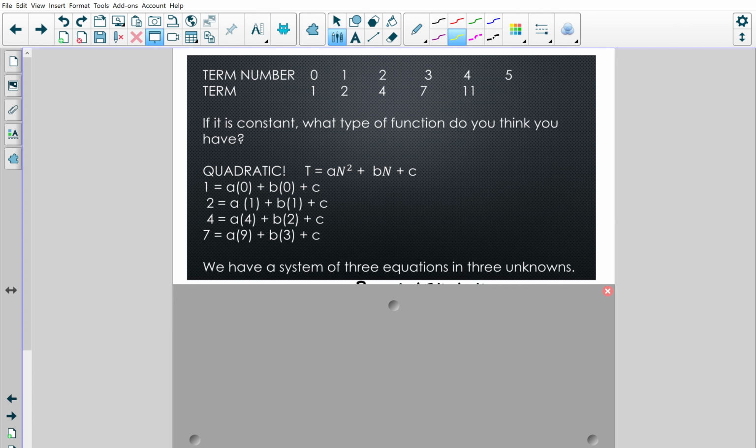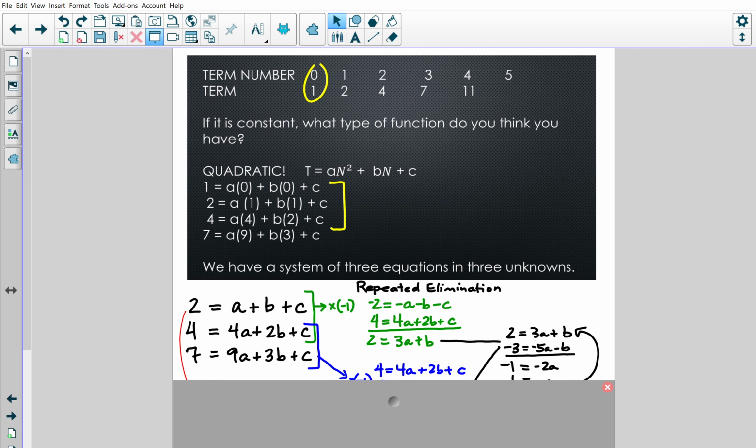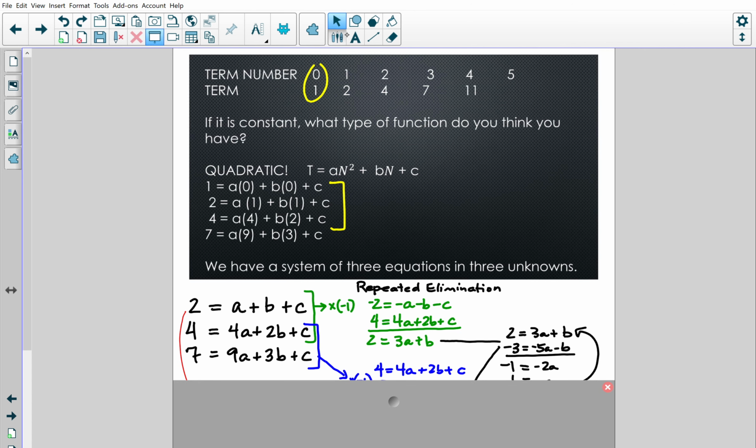If you have a system, you only need 3 of those equations. So you can use these 3, I think are the easiest ones to use. But if you don't have that 0 term, I guess I wanted to model one where you didn't have a 0 term. I took those bottom 3 equations. Again, if you have that 0 term, you're given that c is 1. So I modeled solving a system of 3 equations where you weren't given that easy point.